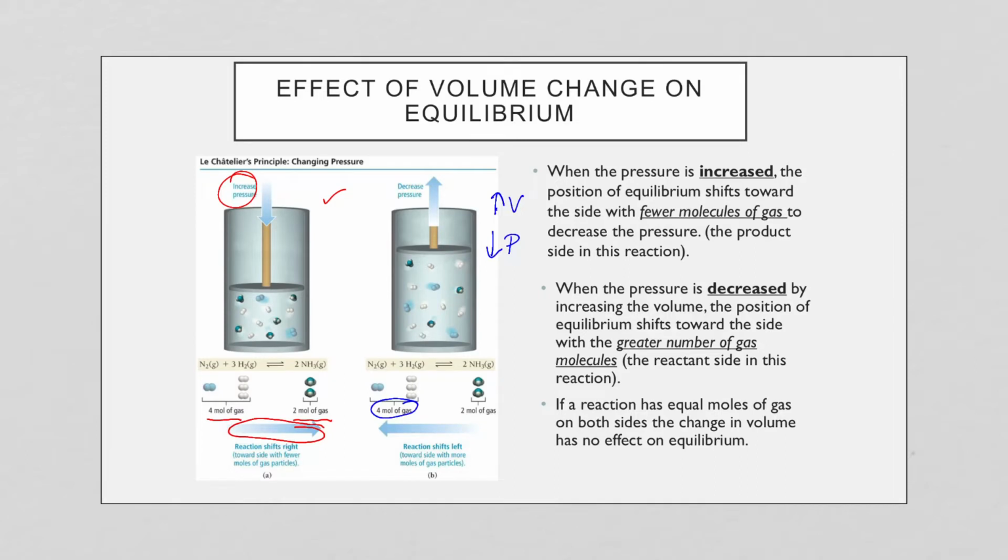In this case, we're shifting back toward the reactants. Basically, we're going to try to counteract the pressure change by shifting toward the side with more or fewer moles of gas to balance out whatever change I make.